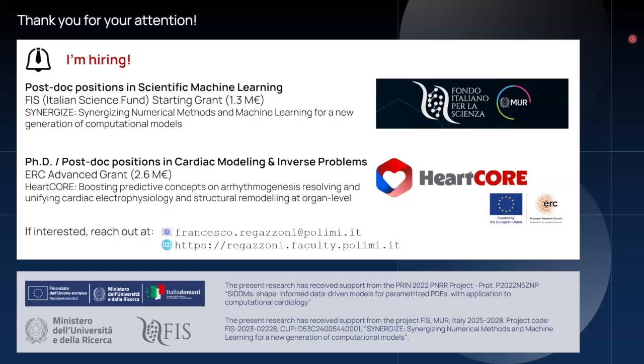So we try to use architectures as simple as possible in order to contain the number of trainable parameters, because with a small number of training samples, generalization is challenging if you use a too-rich architecture. So we use fully connected neural networks. A crucial aspect is the choice of the activation function, because we need a smooth activation function, otherwise the geometry will not be regular. So this is something that we tuned at the beginning.